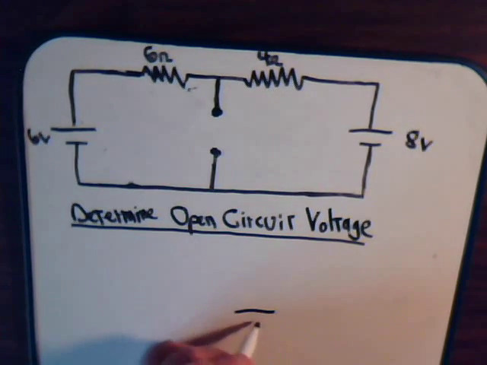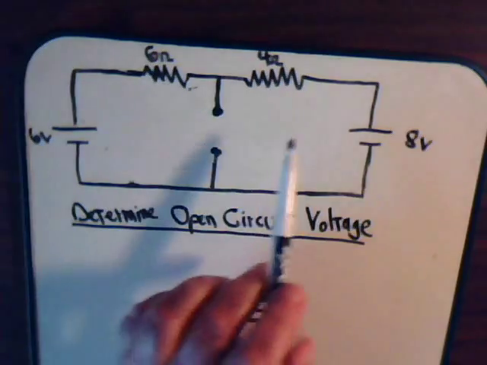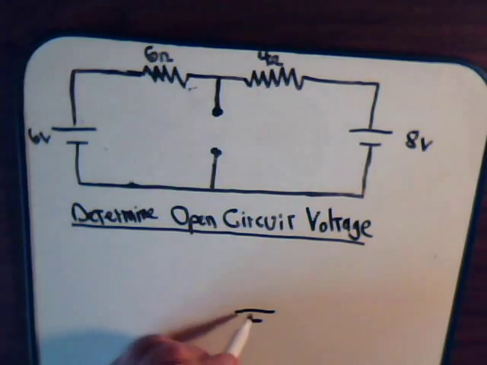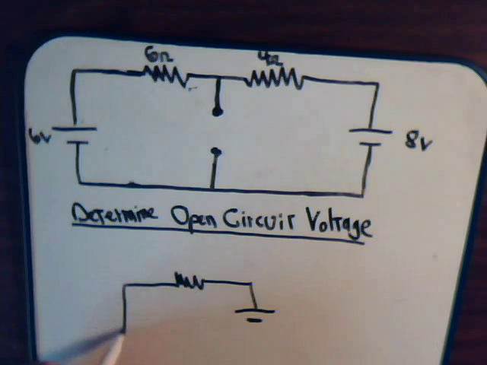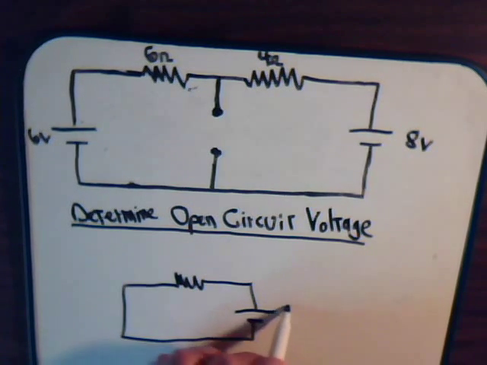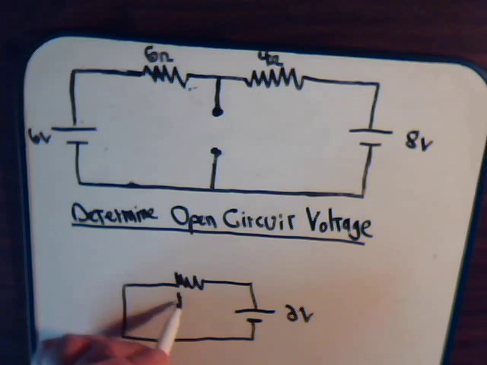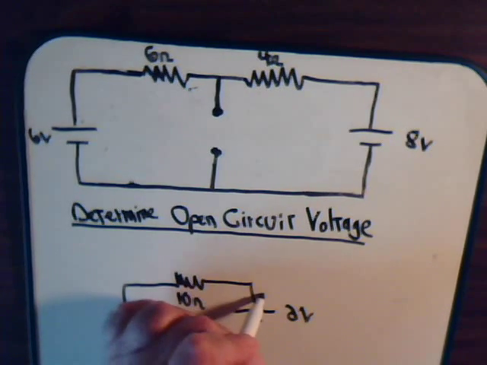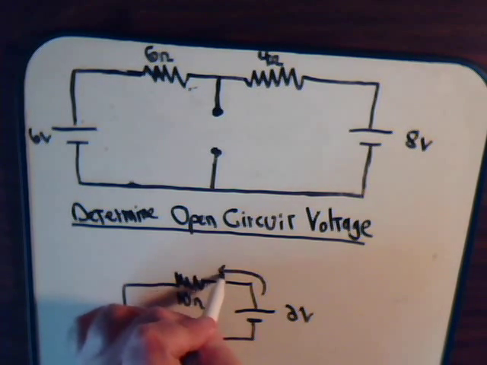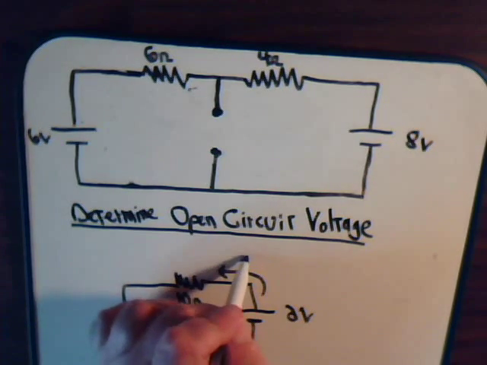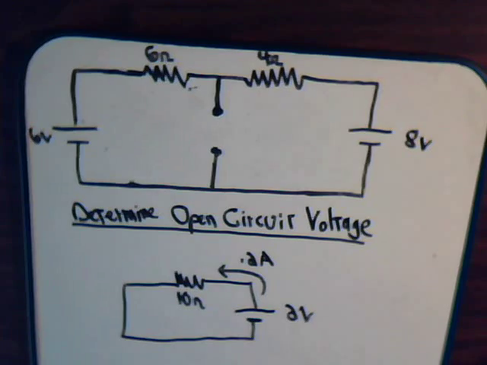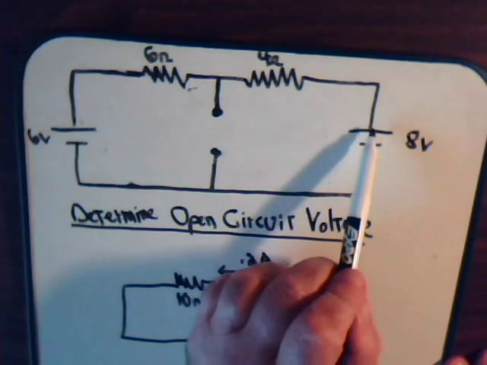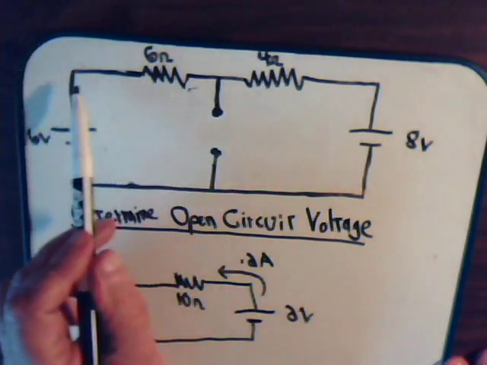So we have a net here of 2 volts going across 10 ohms. 2 volts, 10 ohms, so we would have a current in this direction of 2/10 of an amp flowing across like this.